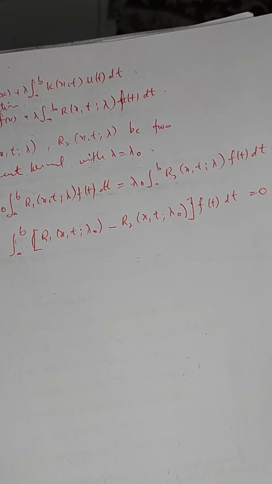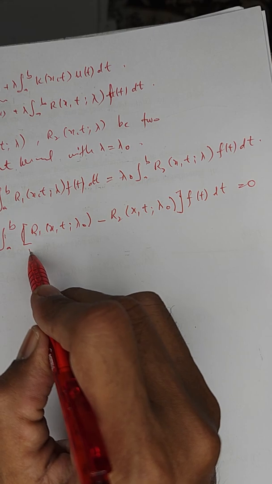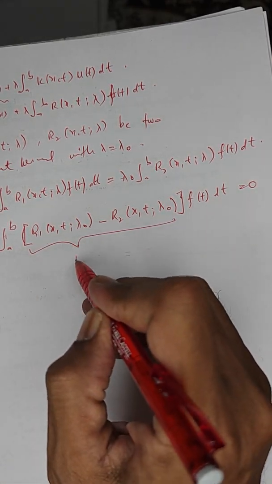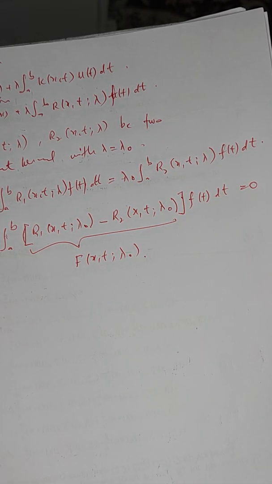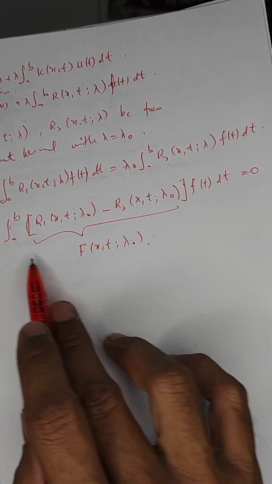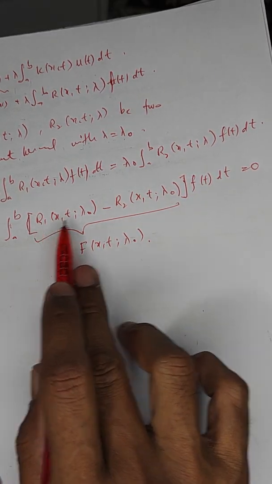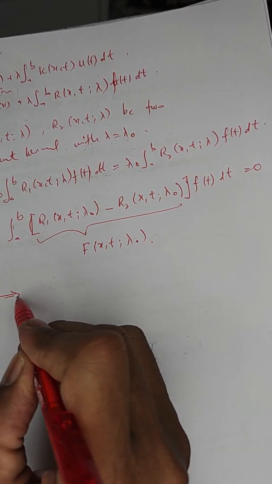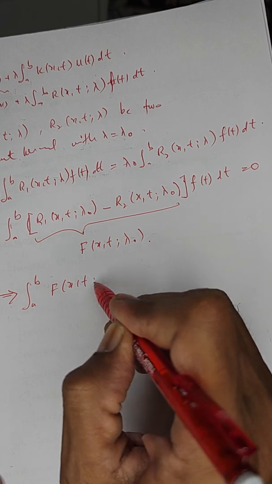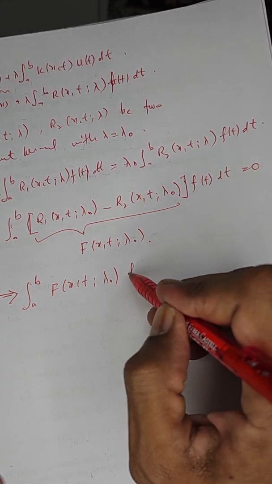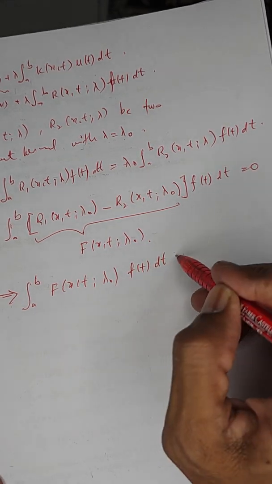Then we can define this as capital F x t lambda naught. We need to show that F is 0, so therefore R1 equals R2. If we define R1 minus R2 as F, let's rewrite this: the integral a to b F x t lambda naught f t dt is equal to 0.